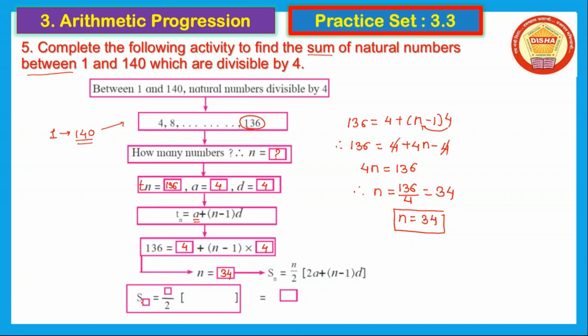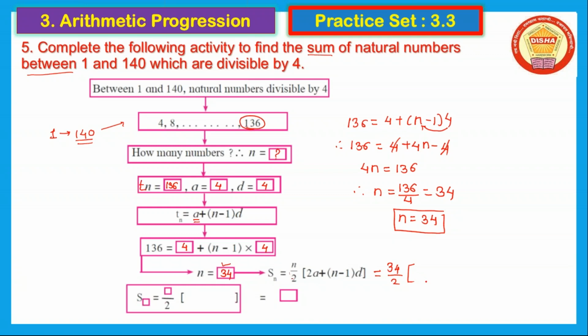Then in the next box, what is given here? Sn is equal to box upon 2 in bracket, and the bracket is empty and we have to find the values. The formula given is Sn is equal to n upon 2, and here we have to put the value of n, which is 34. So we write Sn is equal to 34 upon 2 in bracket 2a plus n minus 1 into d.